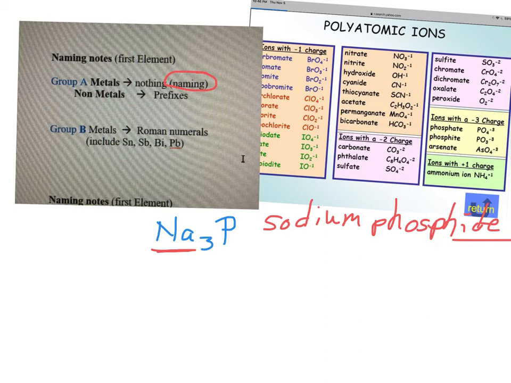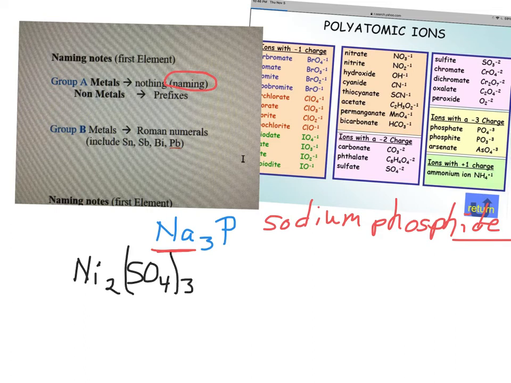Okay, so now let's do something like nickel, let's say a 2, and let's do SO4 with a parentheses 3.